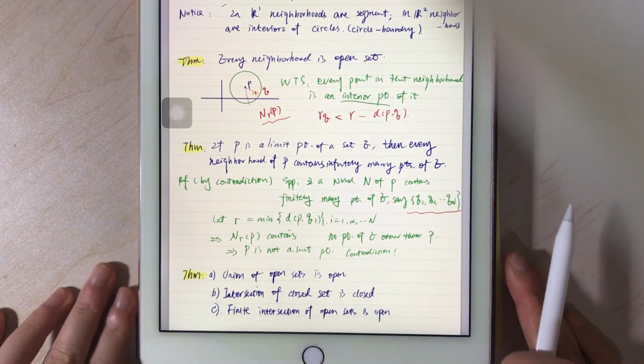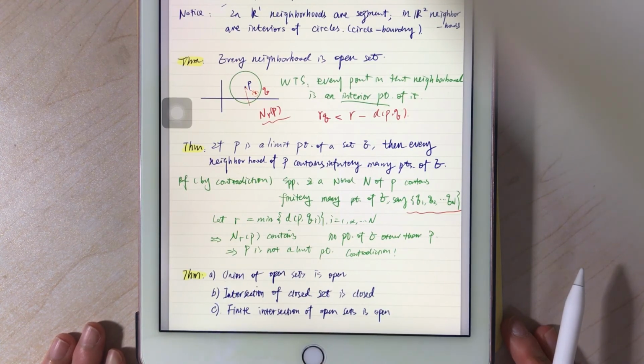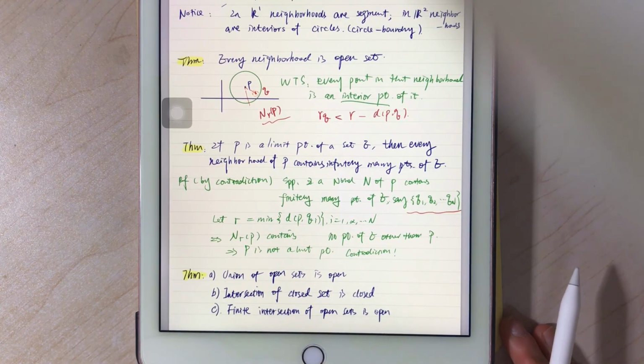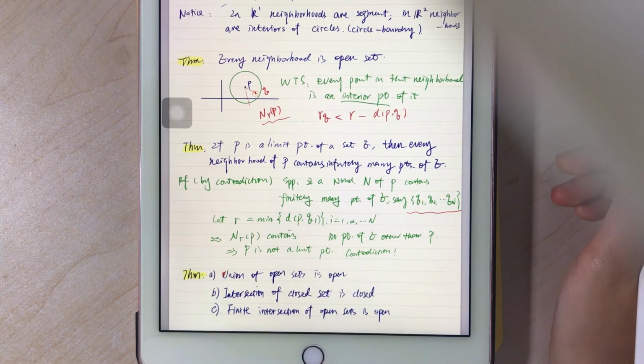Okay. Now, the next theorem, I'm not gonna prove it very formally or rigorously, but I'm gonna show you some counterexamples to give you some further understanding of it. So, A, the union of open sets is open, and B is that the intersection of closed sets is still closed.